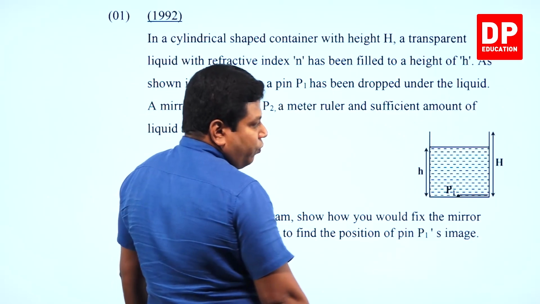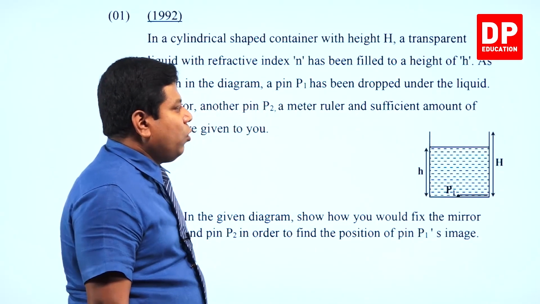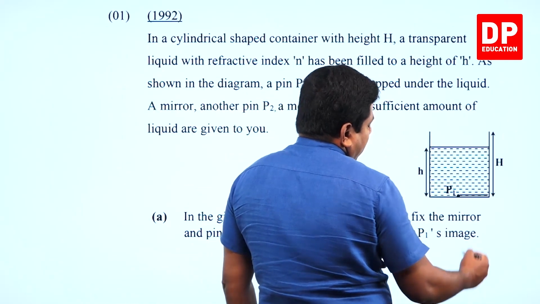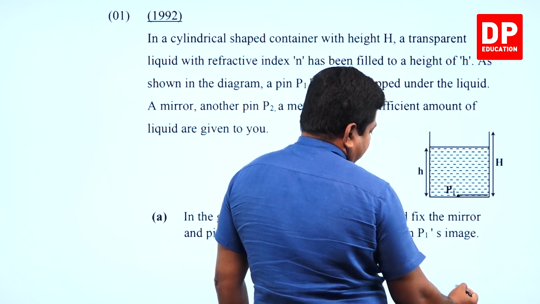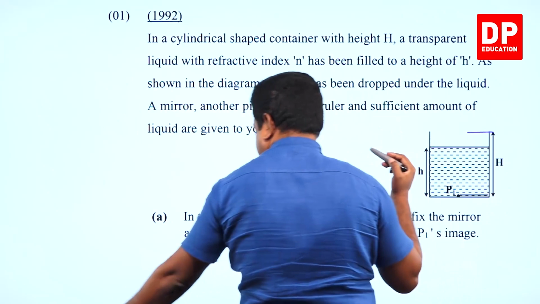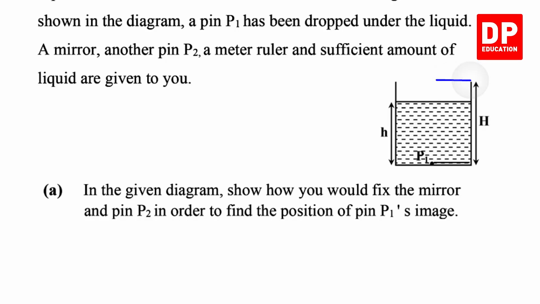Then what do we do? We use a mirror and a pin. How do we use that? Look at this. You will fix the mirror here, right at the top of the container. This is how the mirror will be.